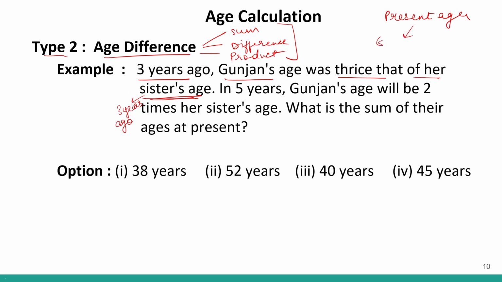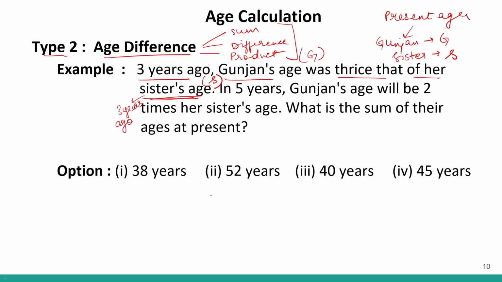Present age of Gunjan, let's say it is represented by G, and present age of sister, let us say, is represented by small s.